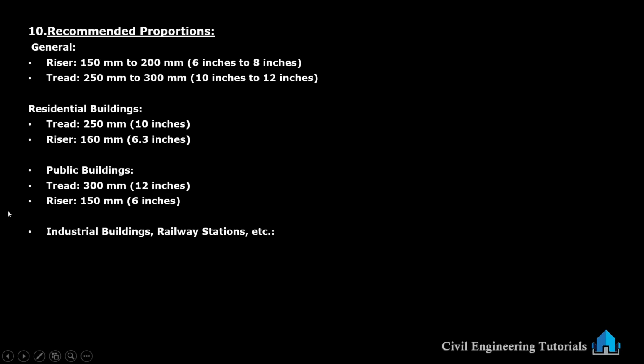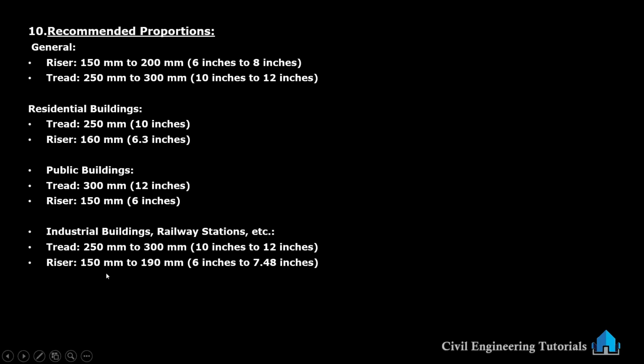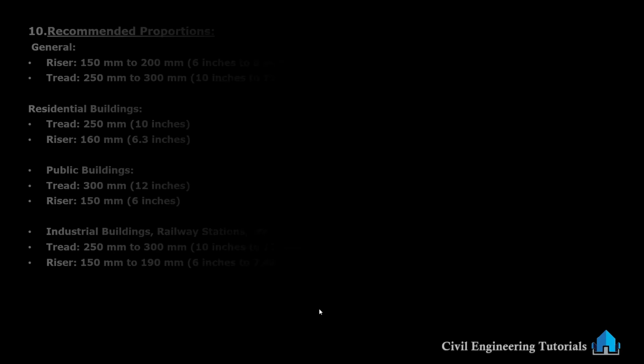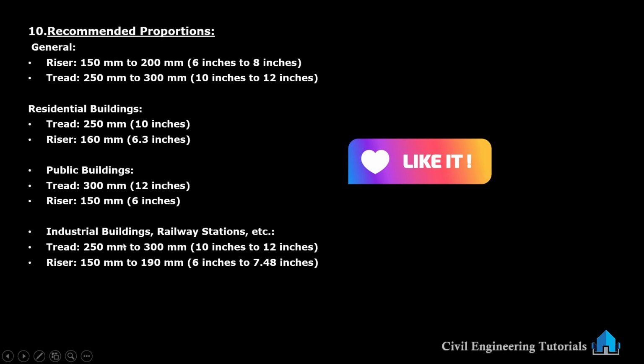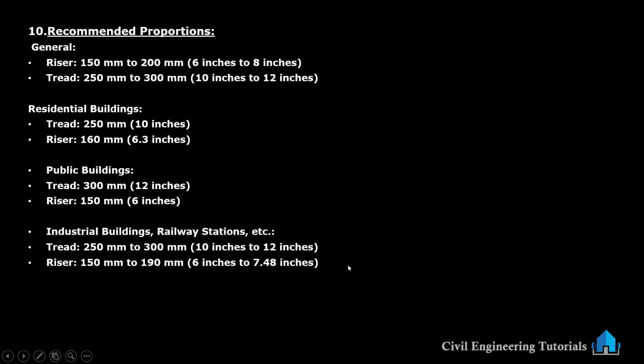Industrial buildings and railway stations, etc., tread 250 millimeter to 300 millimeter, that is 10 inches to 12 inches, and rise 150 millimeter to 190 millimeter, that is 6 inches to 7.48 inches. So this is general, this is for residential buildings, this is for public buildings, and this is for industrial buildings or railway stations, etc.